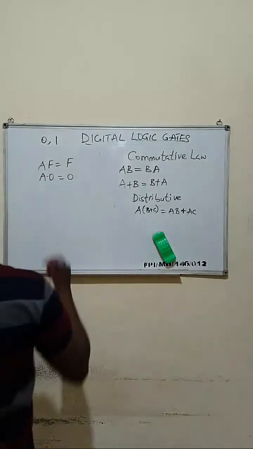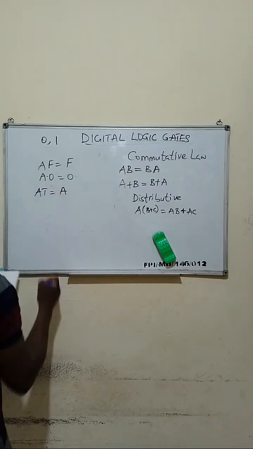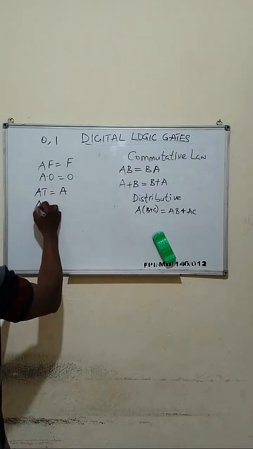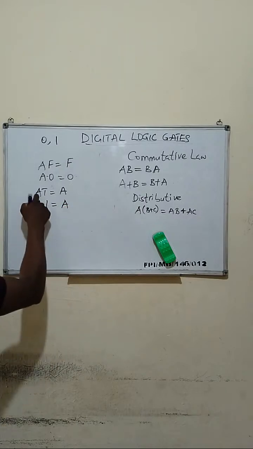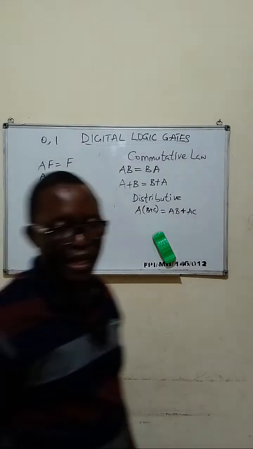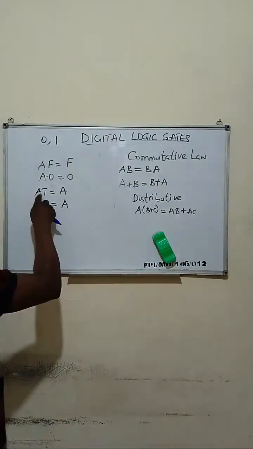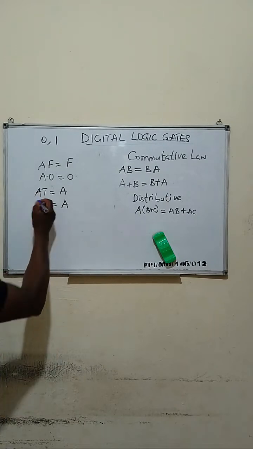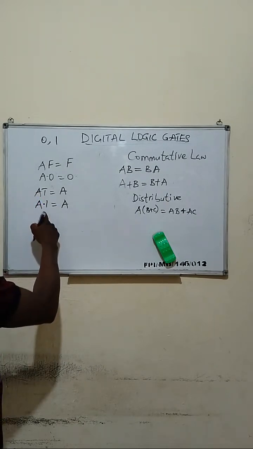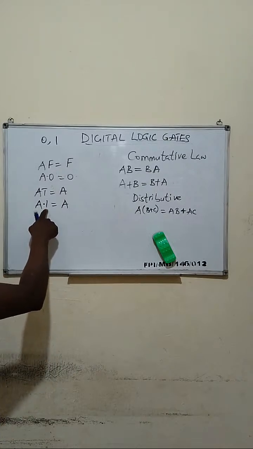Also, AT equals to A. That is to say, A dot 1 equals to A. No matter the state that A takes, A can take the state of 0 or 1. No matter what state it takes, it is sent into the same AND gate with logic 1, high.